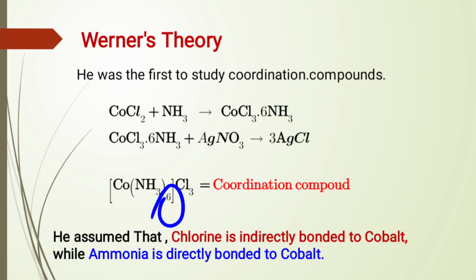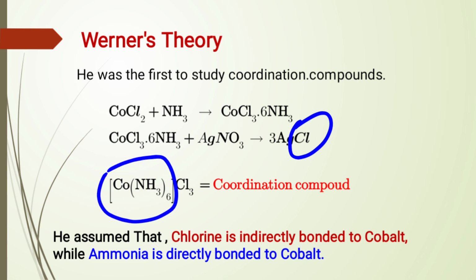In this reaction, as we see, the only entity which ionizes is chlorine, while the ammonia here is inside the coordination sphere, which means it is directly bonded to the cobalt, so it is not ionized. We are going to see this once we explain how to draw the structure of Werner.